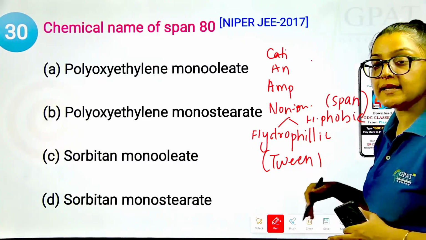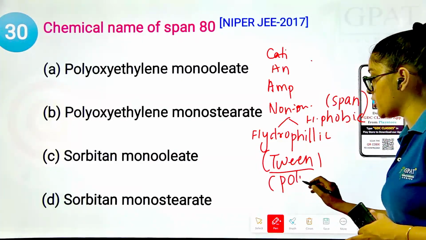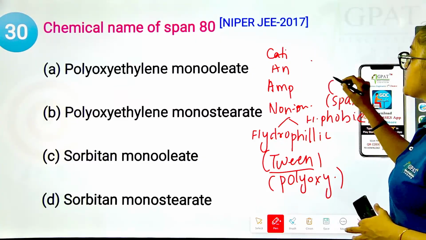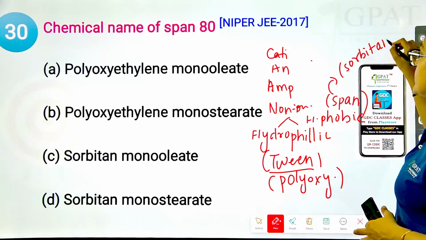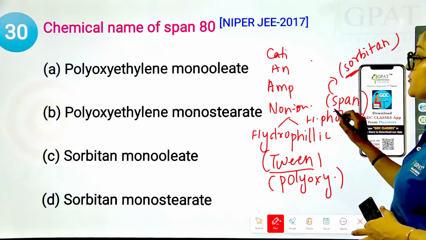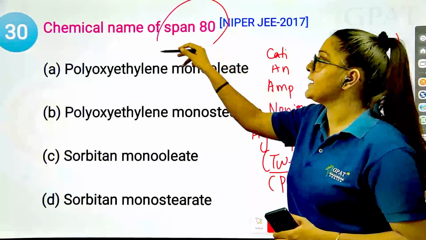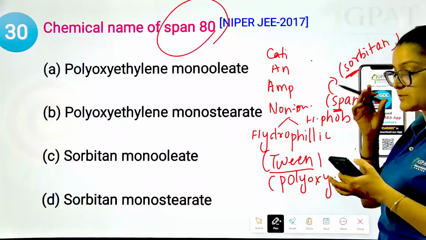Alright. The hydrophilic Tweens are none other than our polyoxyethylenes. And the Spans are sorbitan esters. Right, S for Span, S for sorbitan ester. So the chemical name of Span 80 they are asking. Also we have different grades of the Span and Tween.